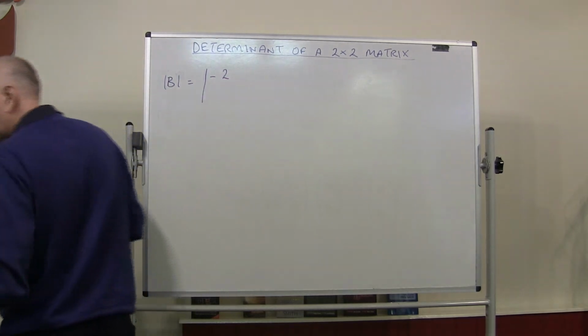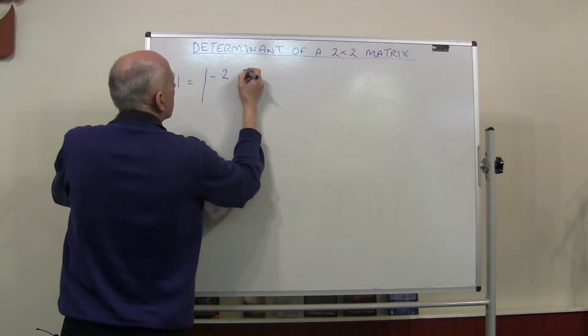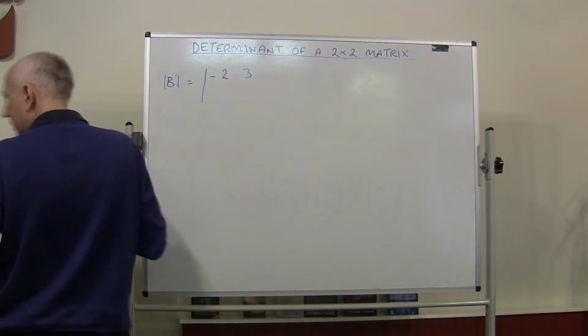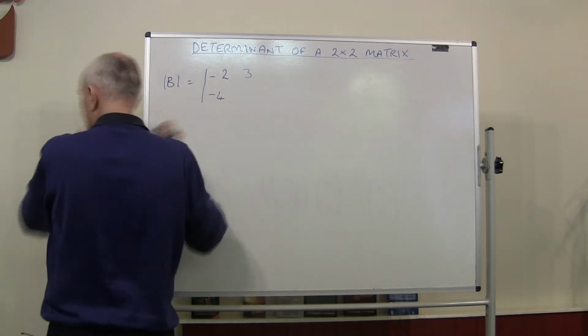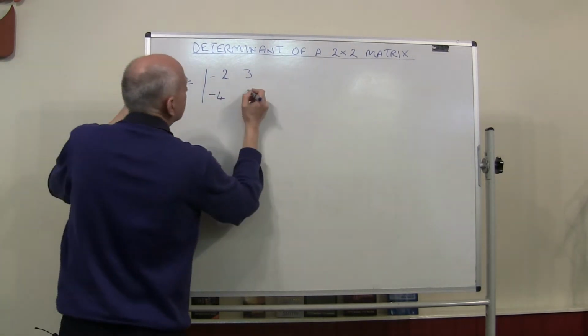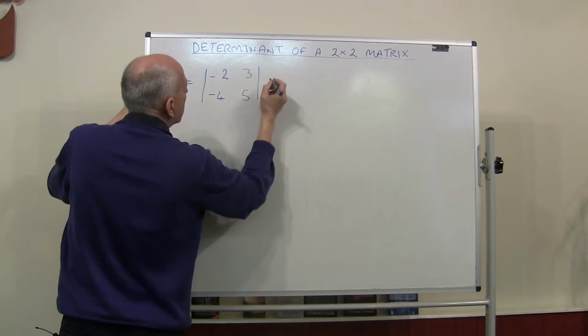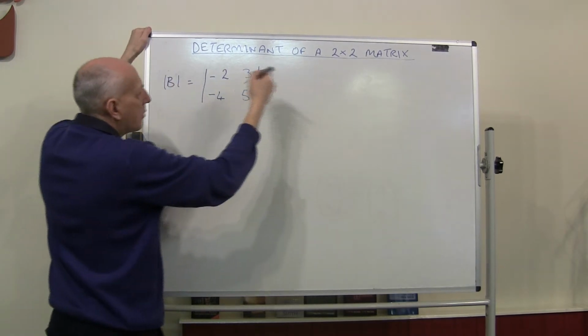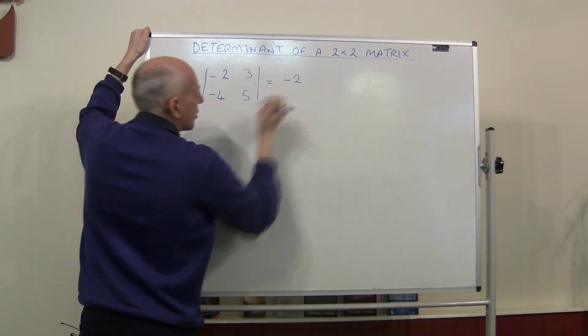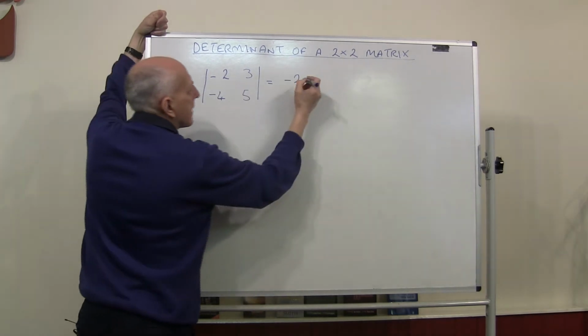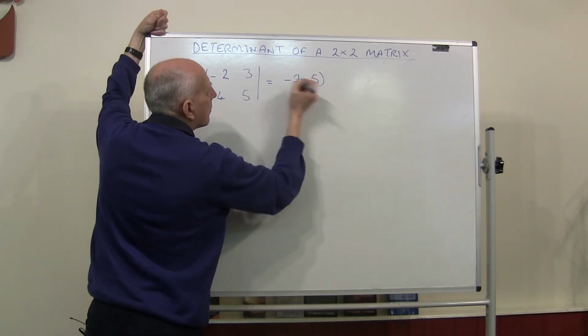So we've got some negative numbers in there to make it that little bit harder. 3, minus 4, and 5. Okay. So again, going down, so it's minus 2, this is why it's a good idea to start using brackets, times 5.